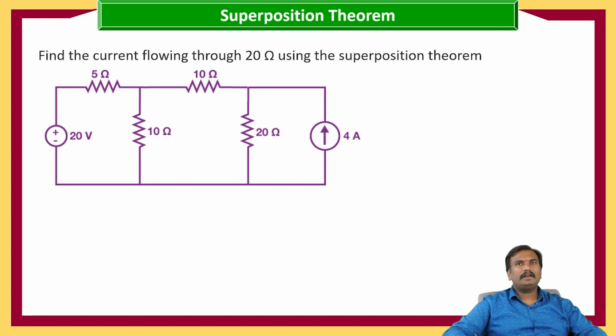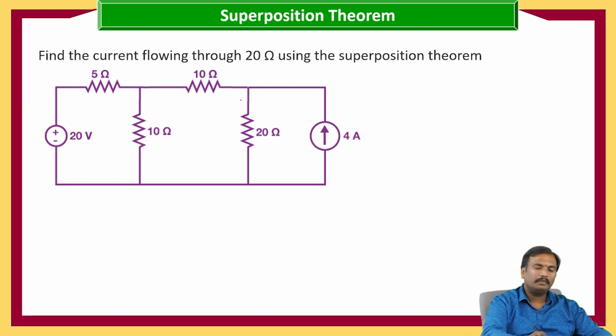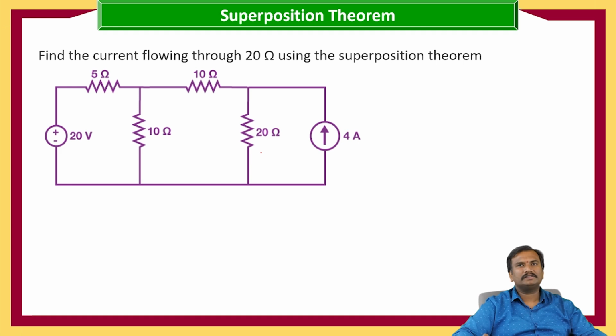This is the circuit given. We need to calculate the current flowing through the 20 ohm resistance by using the superposition theorem. In this, we have one voltage source and one current source.